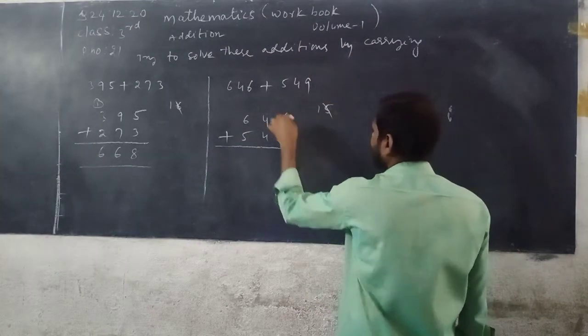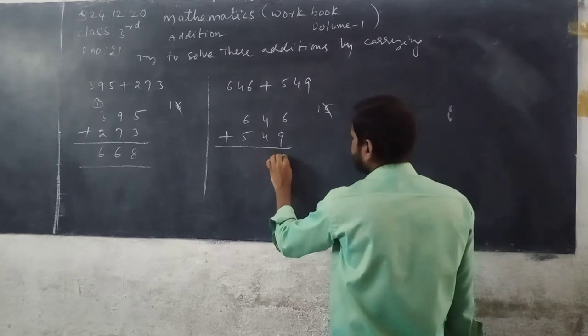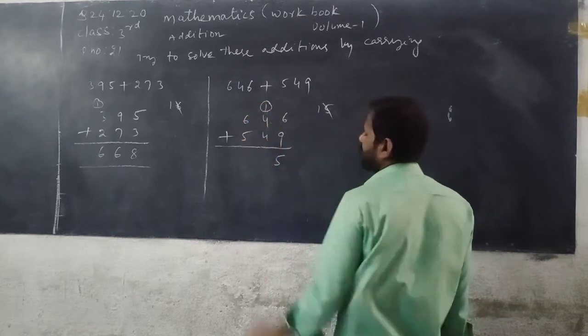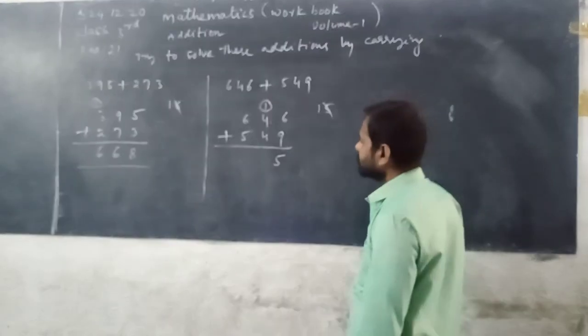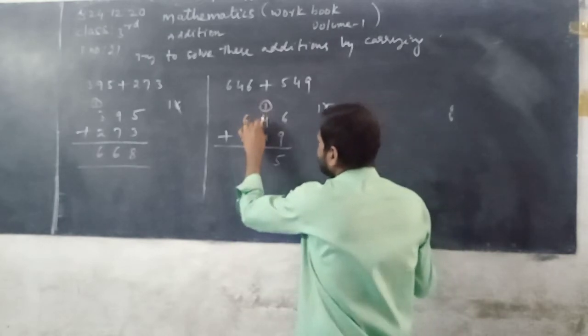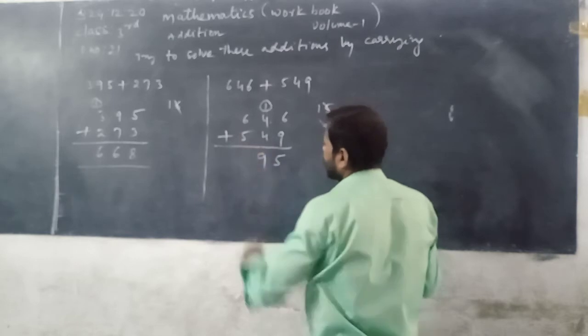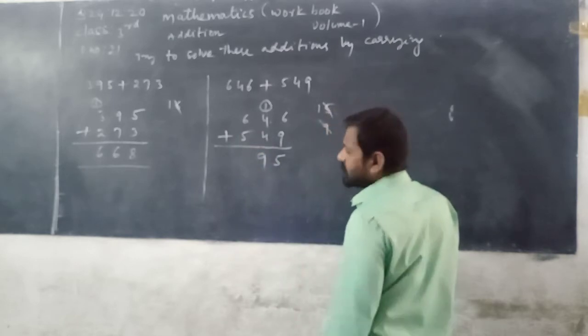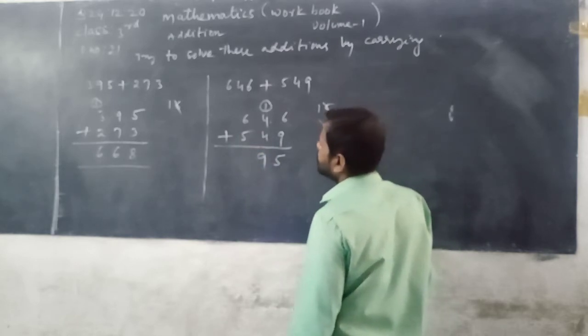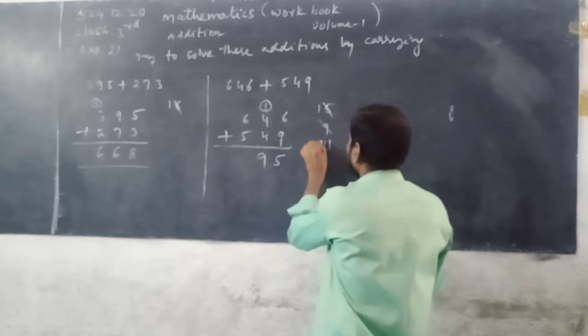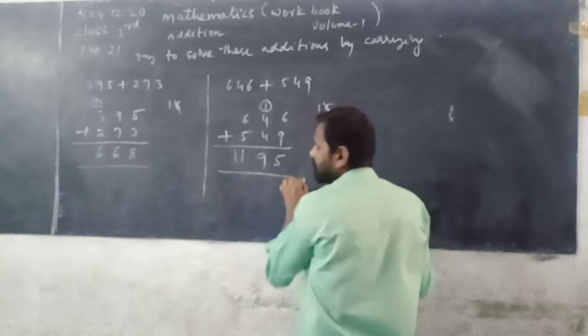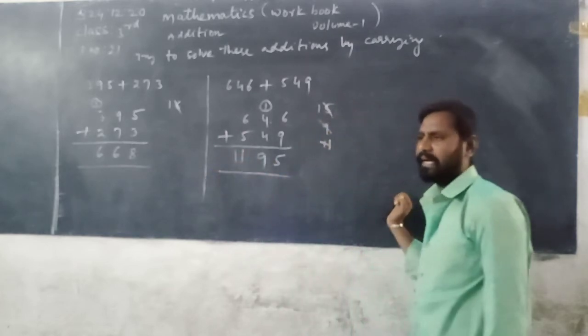In it, 5 is written down in ones column and 1 is carried over to the tens place. 1 plus 4 is 5, 5 plus 4 is 9. 9 is a 1 digit number and is written in tens column. Next add the digits in hundreds place, 6 plus 5 is 11. Then you can write it in hundreds place. Sum is equal to 1190.